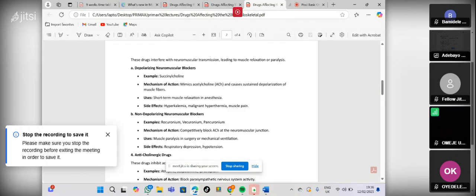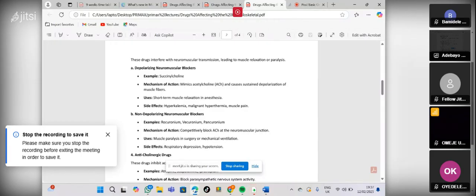So serotonin norepinephrine reuptake inhibitors, examples include venlafaxine, duloxetine. The indication, of course, is depression, and there is also fibromyalgia, which is a very terrible pain. Those are the examples, and most of the side effects are also more like the selective serotonin reuptake inhibitors.